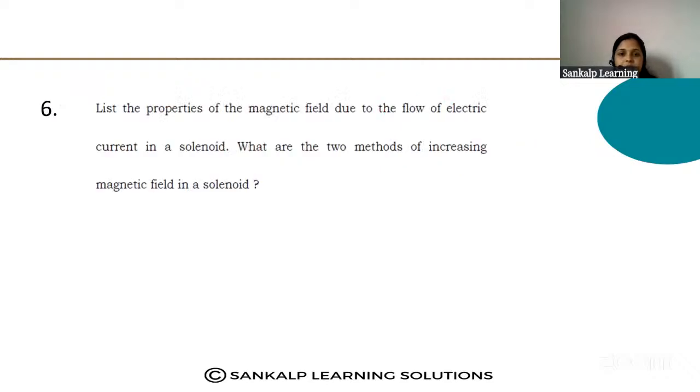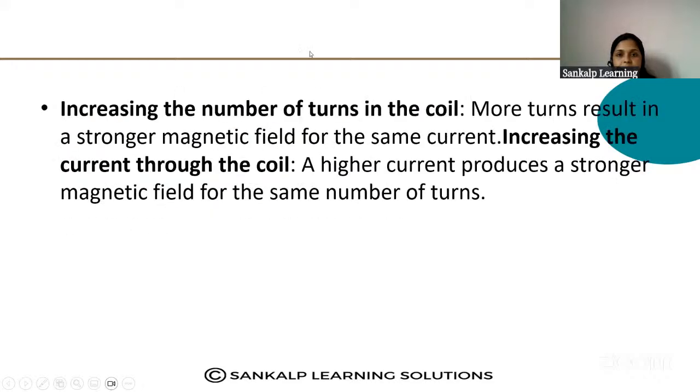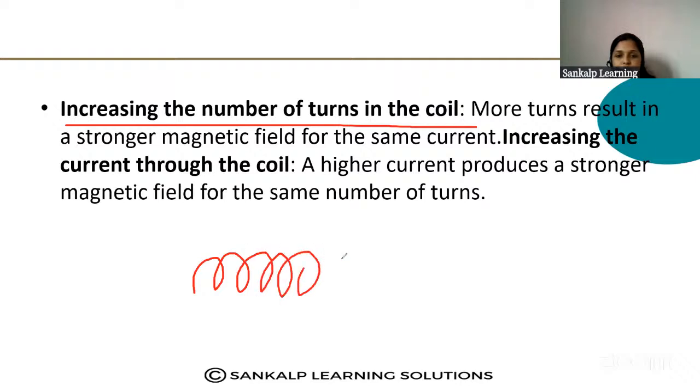Then what are the two methods of increasing the magnetic field in the solenoid? How can we increase the magnetic field inside the solenoid? The first method is by increasing the number of turns in the coil. If you increase the number of turns, the magnetic field also increases.